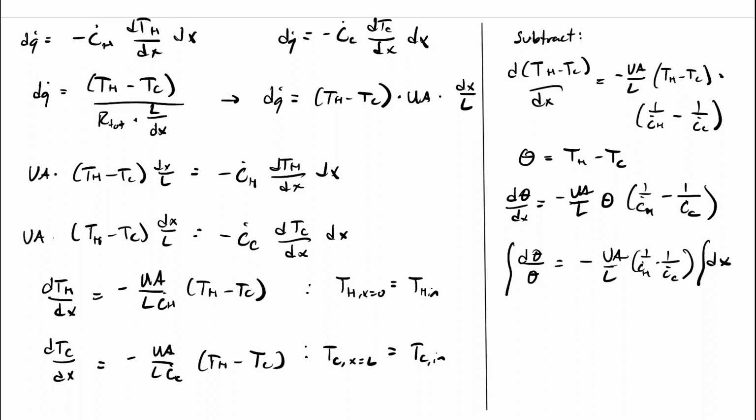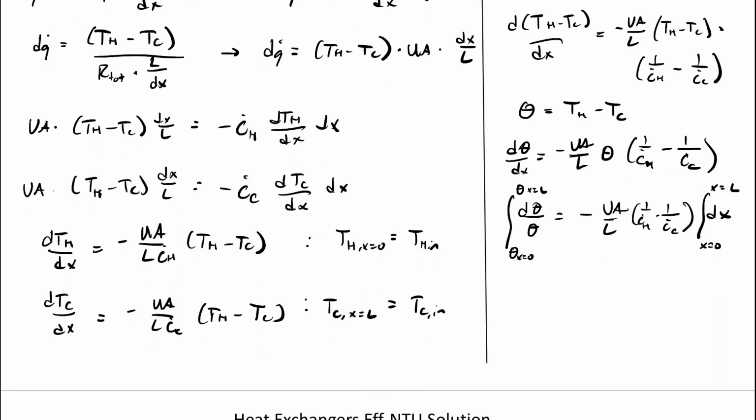So we are going here from theta at x equals 0 up to theta at x equals L. And on the right-hand side, we're going from x equals 0 to x equals L. If we do this, then we end up with ln of theta at x equals L over theta at x equals 0 on the left-hand side. And that's equal to minus UA times this 1 over C dot H minus 1 over C dot C.